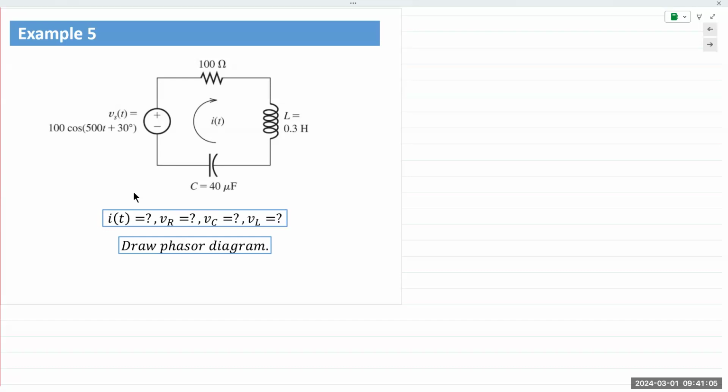The first thing we want to do, if you have a circuit analysis problem like this, is to draw the equivalent impedance diagram. That's what I call it, where I convert each and every component and represent it as an impedance. The equivalent impedance diagram for this circuit doesn't look like anything you haven't seen before.